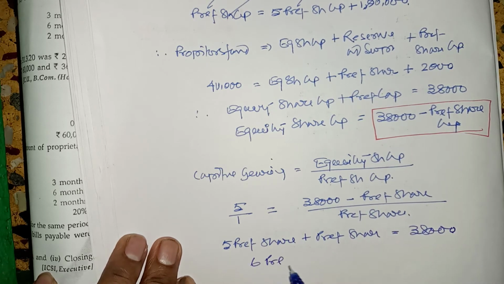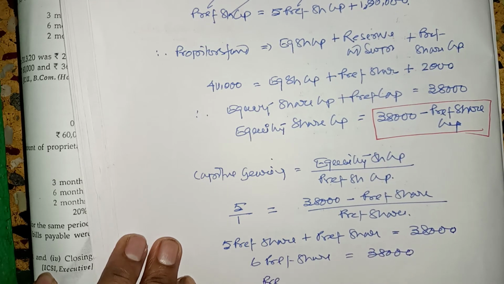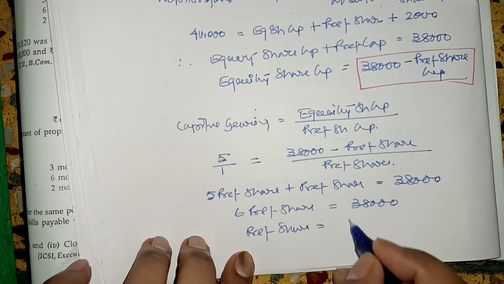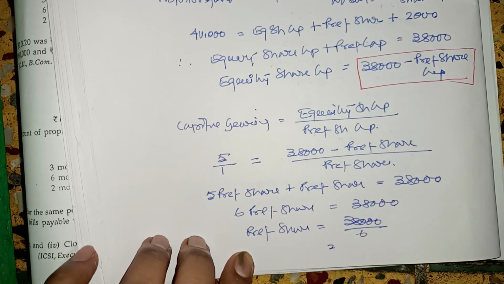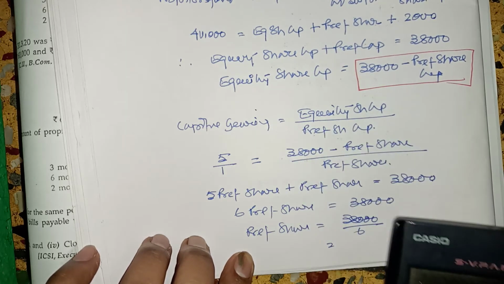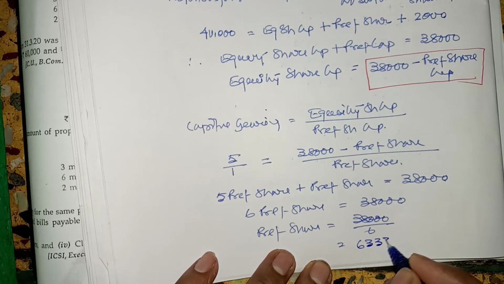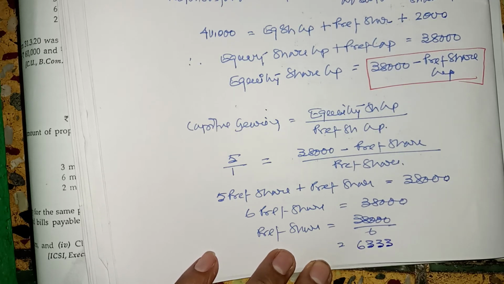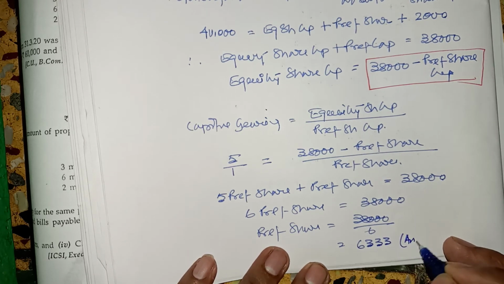So 6 preference share is equal to 38,000, or the preference share is equal to 38,000 by 6. Only this much.